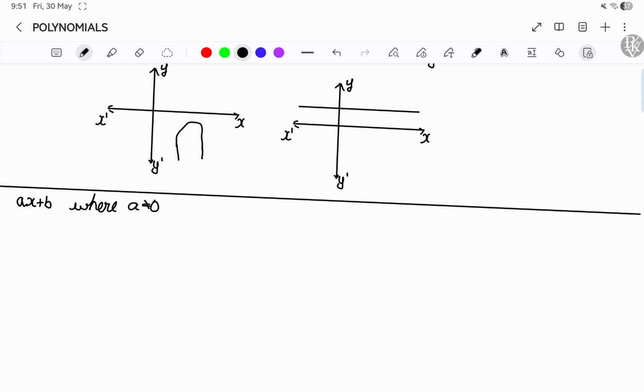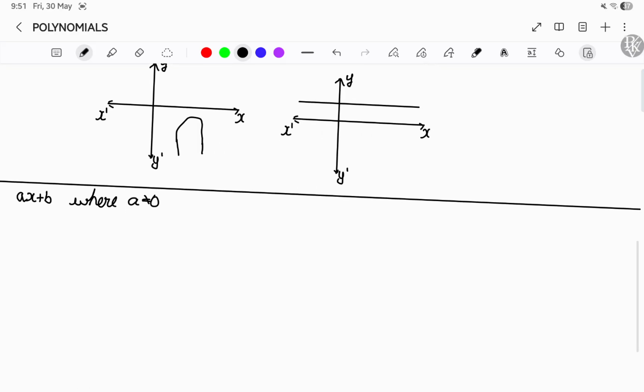If a equals 0, then it will simply be b. There the maximum power of x is 0. That's not what we want. We want a polynomial whose maximum power of x, or the degree, will be equal to 1. Such polynomials are called linear polynomials.